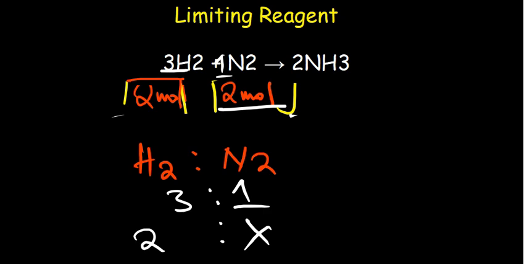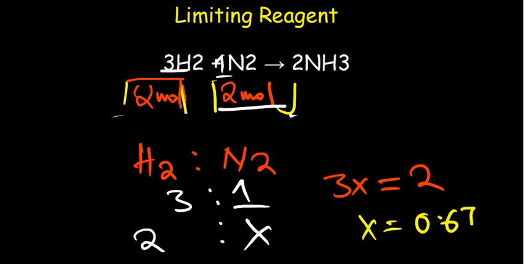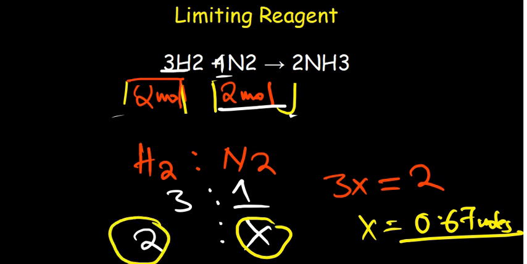If you cross multiply there, you're going to have 3x being equal to 2, and then 2 divided by 3, so we have 0.67. So 0.67 is the number of moles of nitrogen that had reacted. So x is representing the number of moles of nitrogen that had reacted with 2 moles of hydrogen.